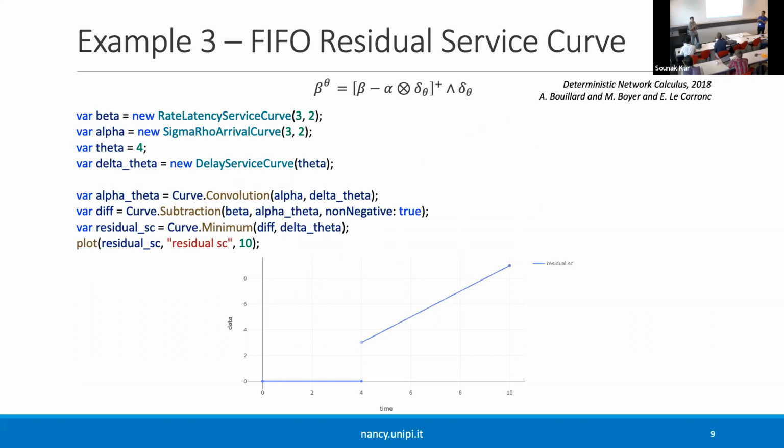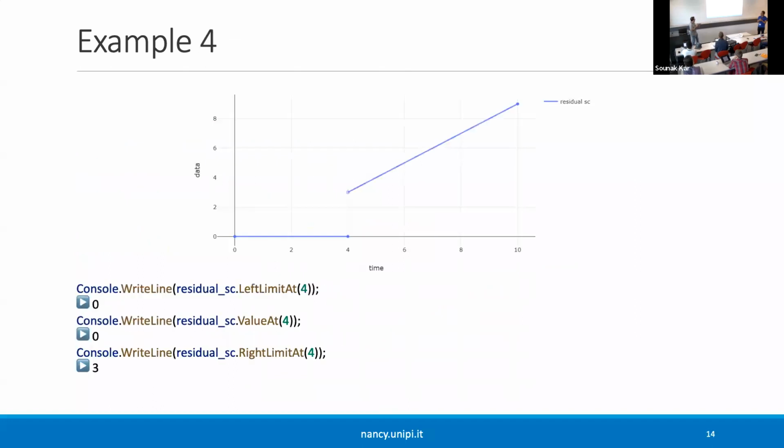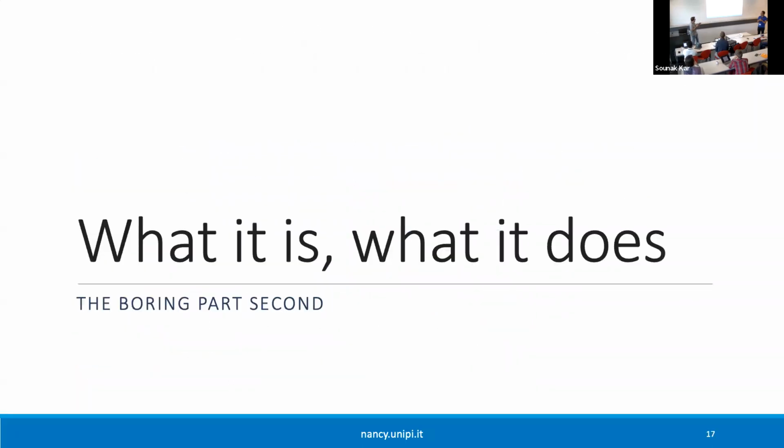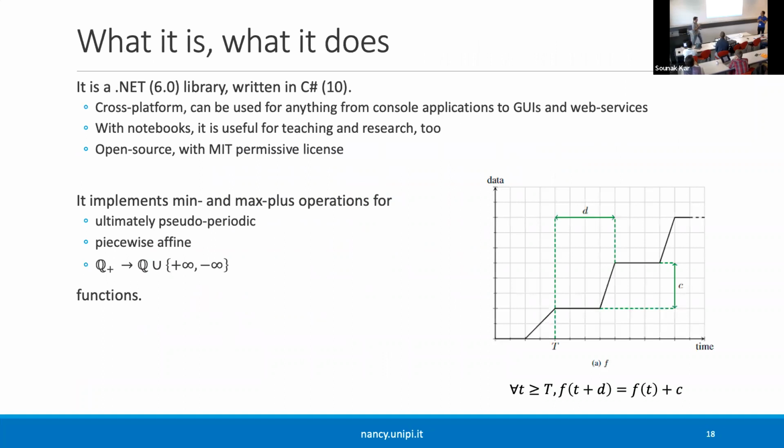So can you show the representation? I understand all your functions are ultimately pseudo-periodic. Yes. So can you show how you represent them? If I go to this example, I would store points and segments from 0 to t plus d, with the right limit excluded.